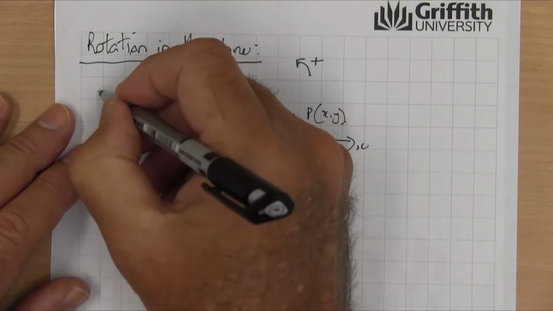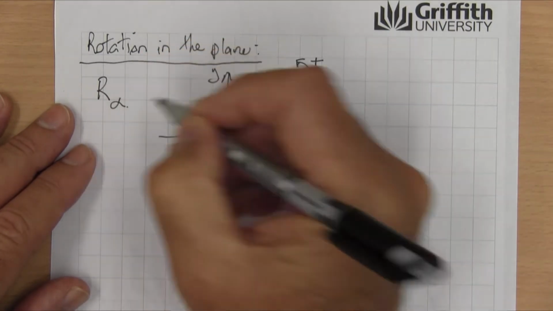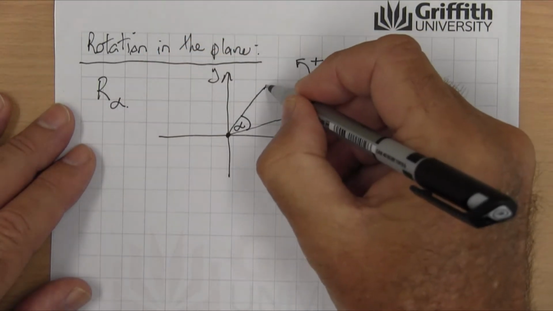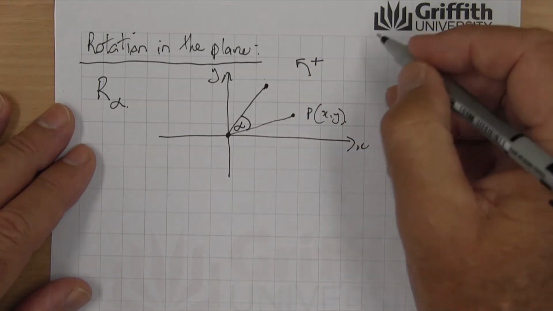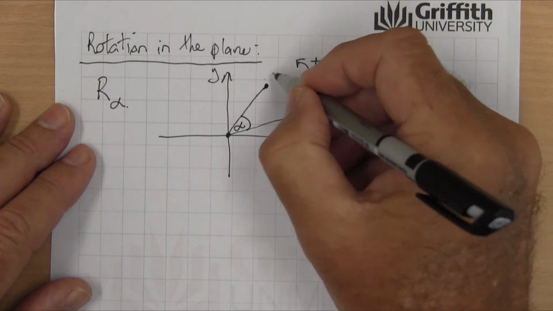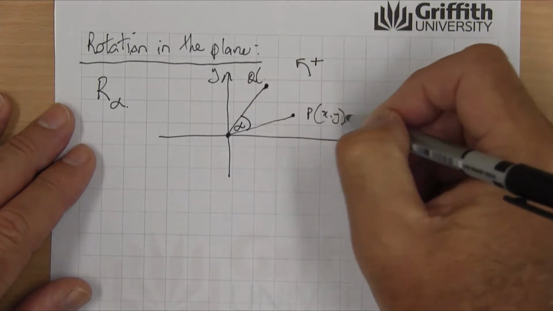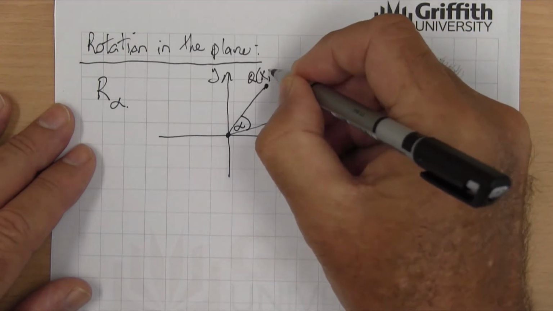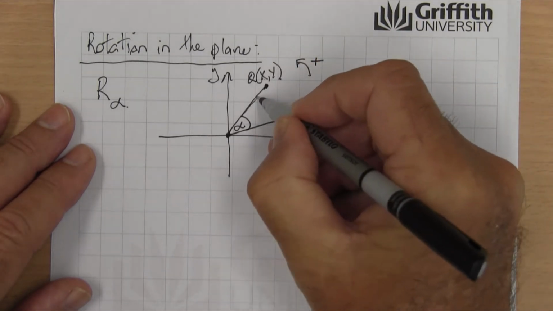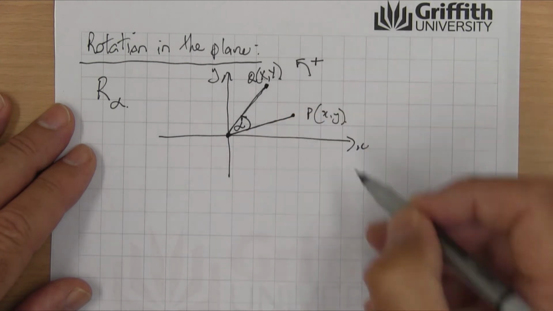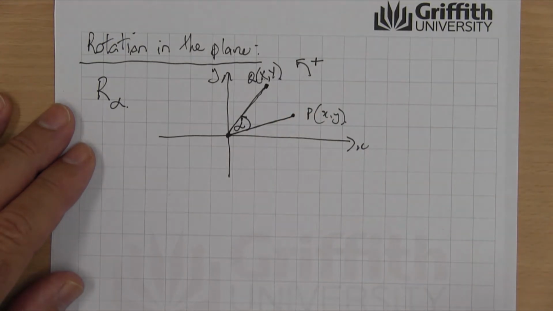So we can say this is a rotation of alpha, and we get to this point here, and we could call it Q, and it won't be the same coordinates, it'll be there. So this length here is preserved. This is the positive direction through alpha.